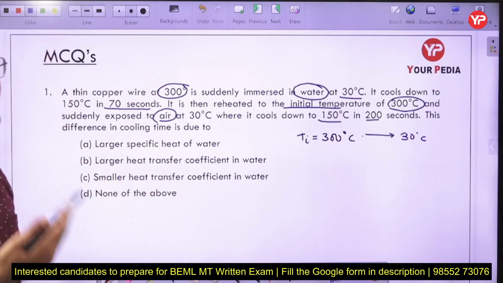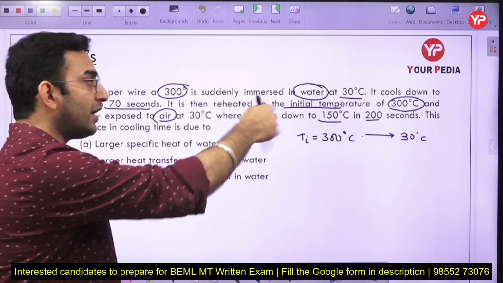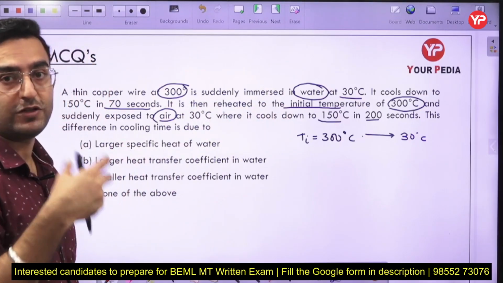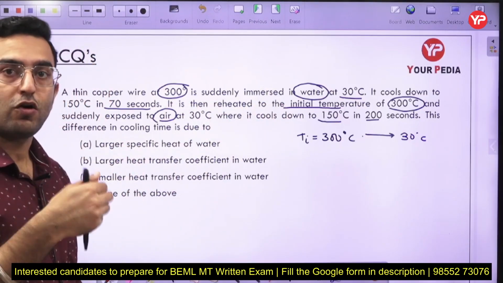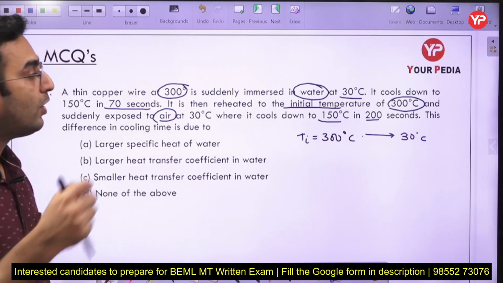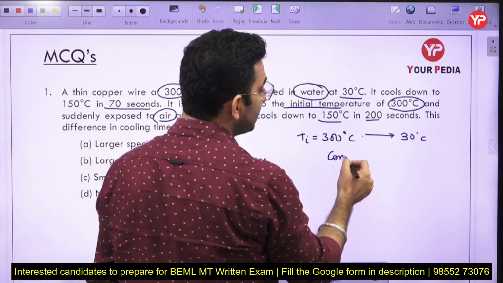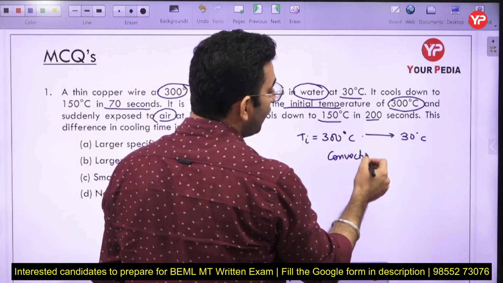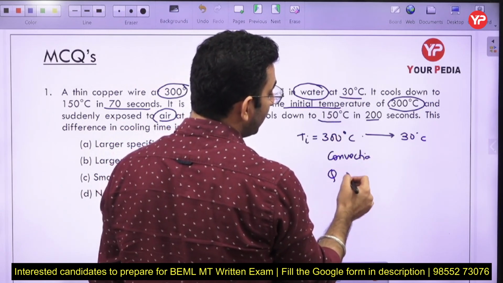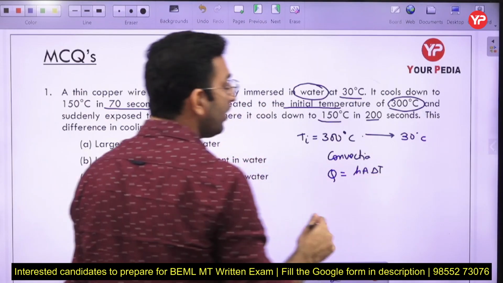But why is there a variation? First you have to understand which mode of heat transfer is dominating in both cases, and which parameters it depends on. In both cases the convection mode of heat transfer is dominating, and from Newton's law of cooling, the heat transfer is given by hAΔT.